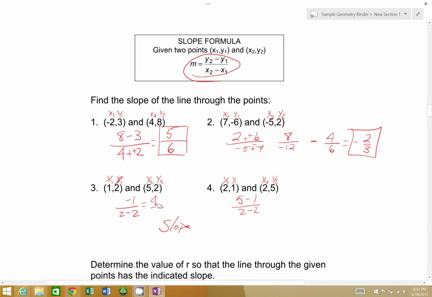So what happens is here basically we flip to get all that erased. So we have, all right, 2 minus 2 over 5 minus 1, which gives you 0 over 4, and that is a 0.